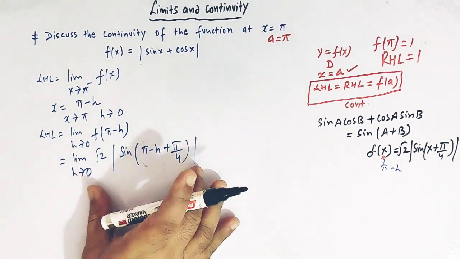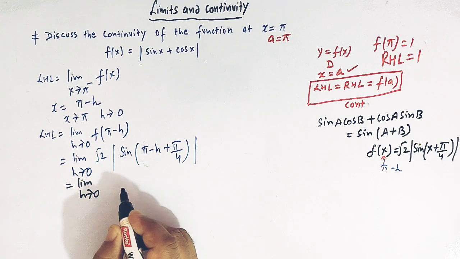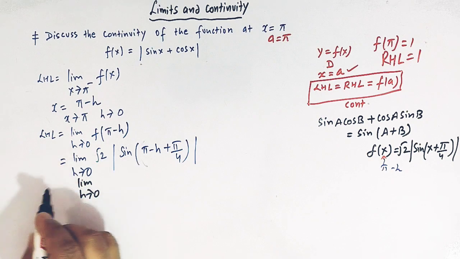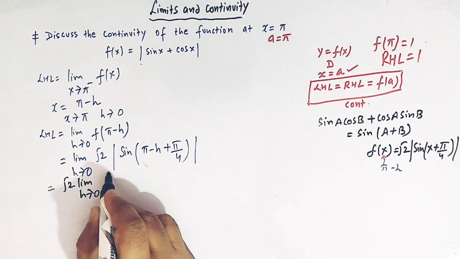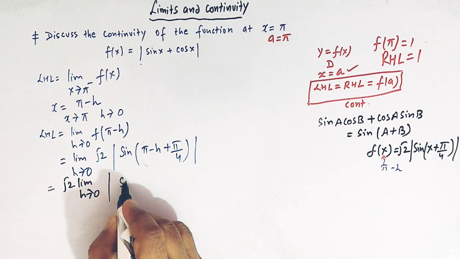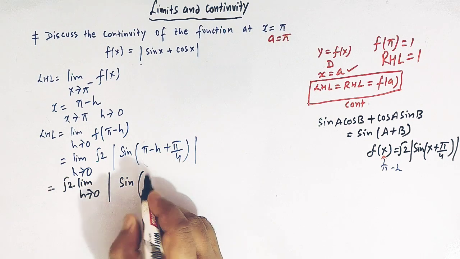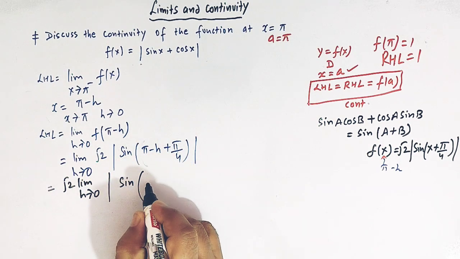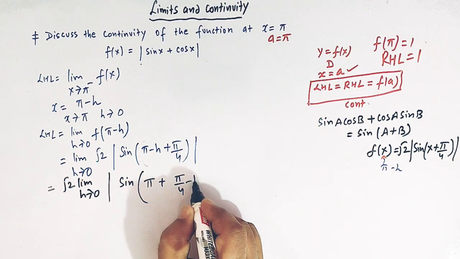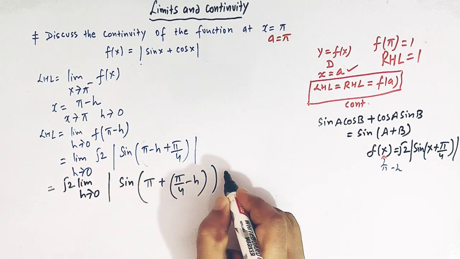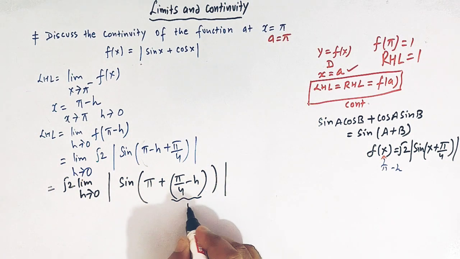So now we can write this term as a limit h tends to 0, and we can take this root 2 outside the limit notation, and here we have mod of sine, and here we can collect these two terms. So this expression can be written as pi plus pi by 4 minus h, right? Okay, and we can now take this angle as theta.